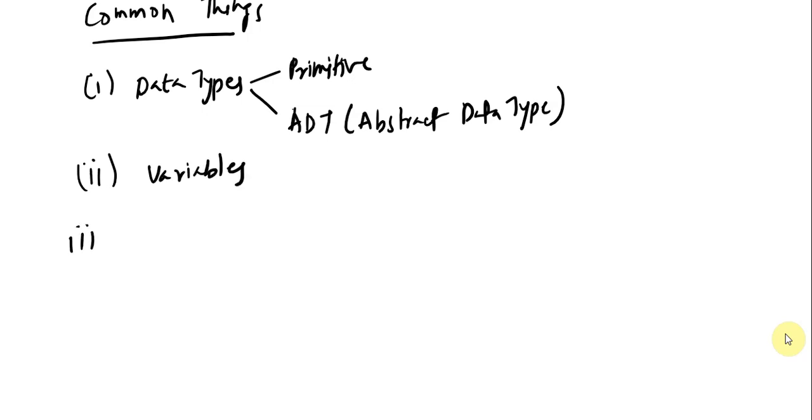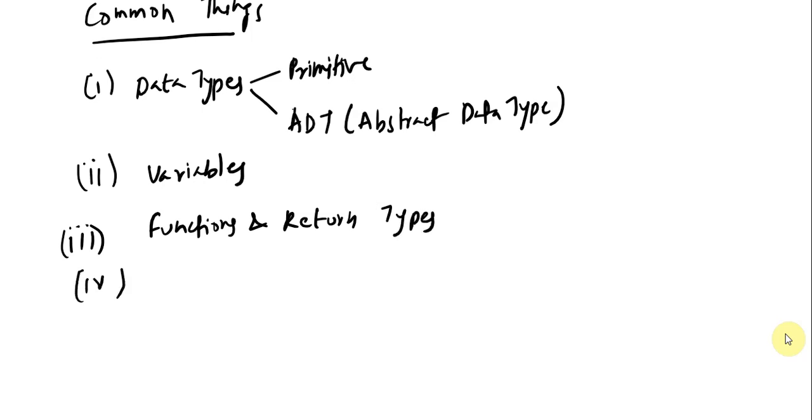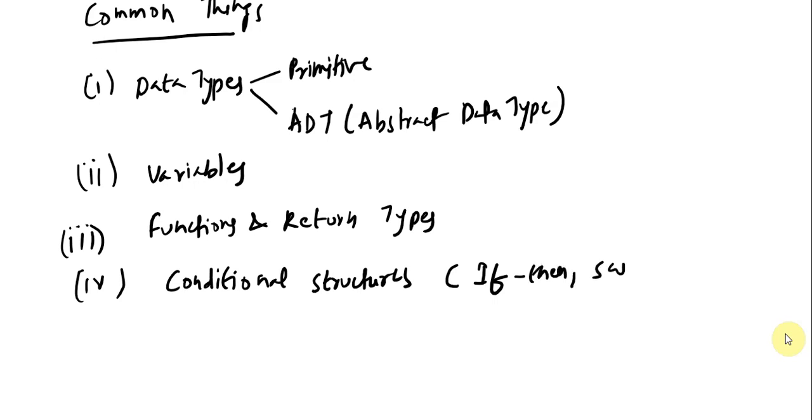then functions and the return types, and we can find conditional structures. Generally we find these in almost all the imperative languages. These conditional structures are generally referred to as the if-then statements and the switch statements.